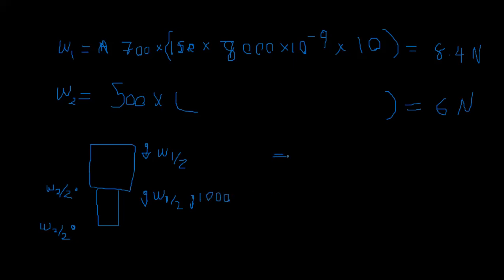So this will equal to W1 over 2, which means 4.2, right? So this will equal to 4.2 plus 3. That's going to be 7.2 plus 1000. That's going to be 1007.2, right?